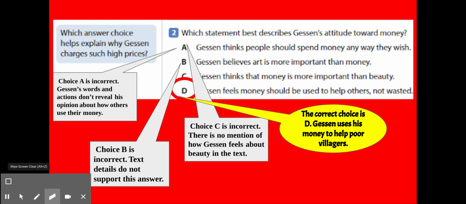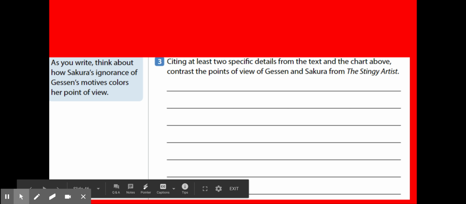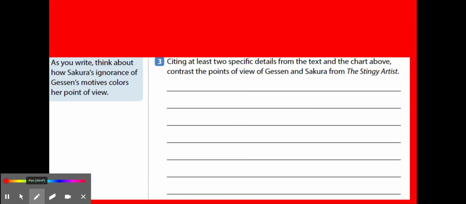Now, our last one. Writing question. Citing two. So citing means we got to put something in quotes, guys. Citing two specific details from the text and the chart above. So we got to use the text, and we also can use our chart. We got 2 places to look.